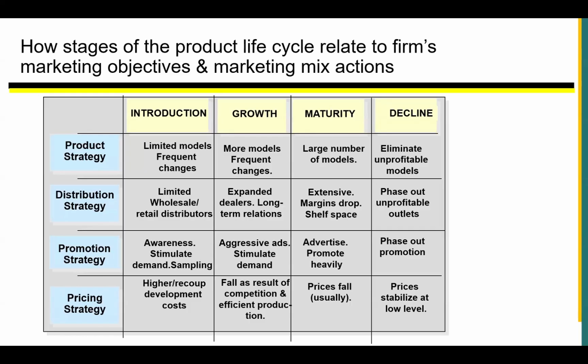If it is FMCG, you have shelf space or share, which is more equivalent to your market share kind of a scenario. Advertising is more stable. The maturity stage is where you are very stable and you don't want to be worried about your turnover.